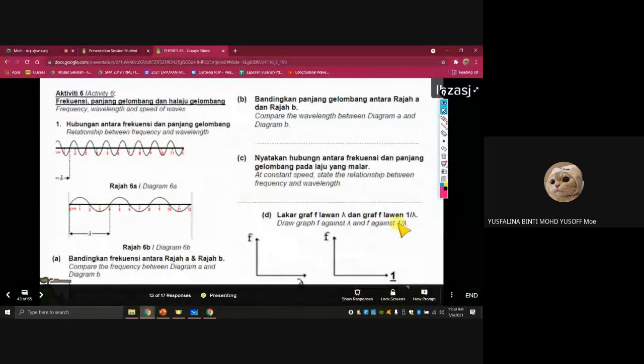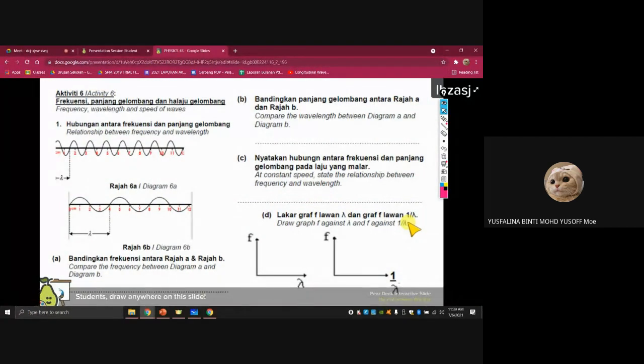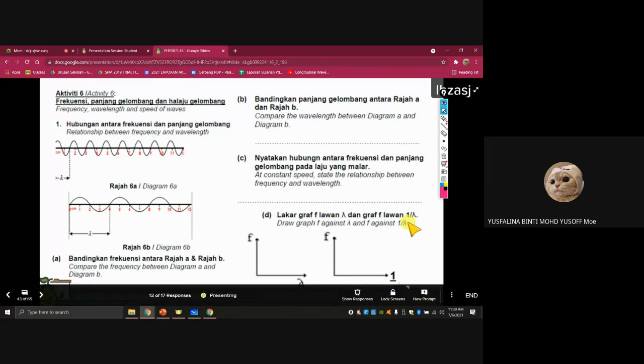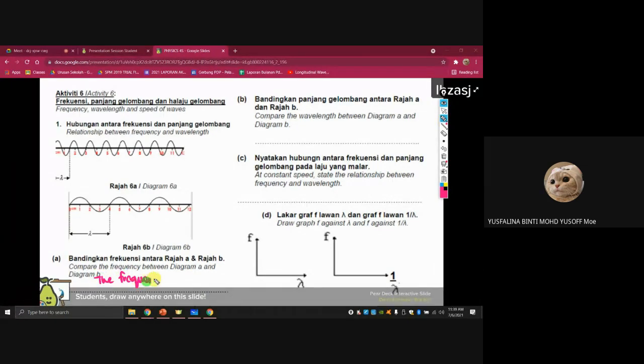Okay, let's try to answer this one. It asks you to compare the frequency. I already explained, the closer the waves are to each other, the higher the frequency. So the frequency of A is higher.